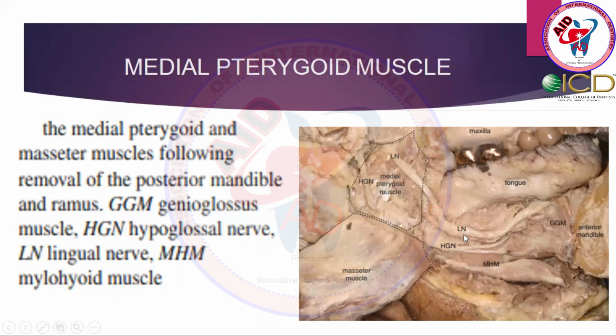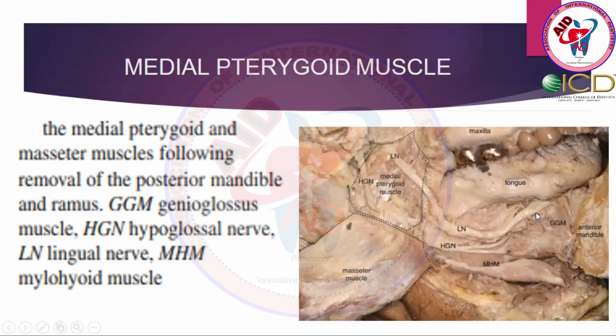The next very important nerve which crosses nearby to the medial pterygoid muscle is the hypoglossal nerve. These two nerves are just on the medial aspect of the medial pterygoid muscle. The mylohyoid muscle is also giving its posterior aspect right here.